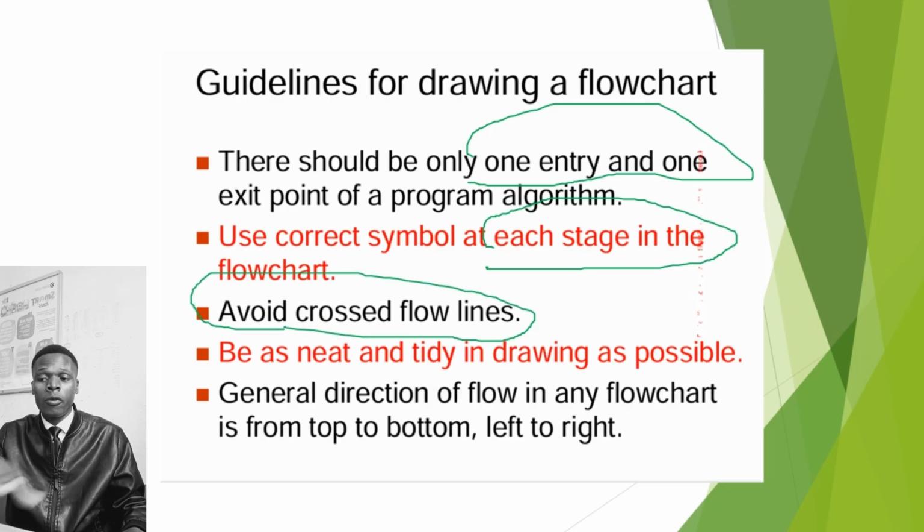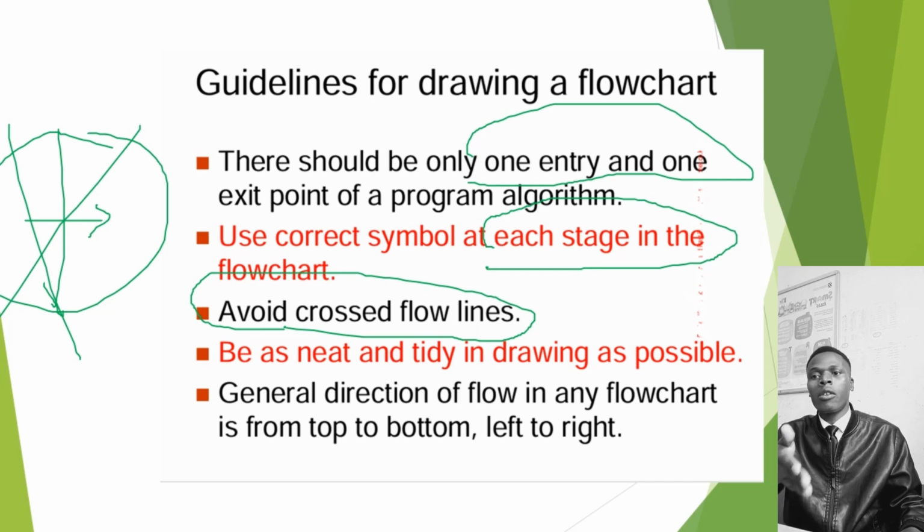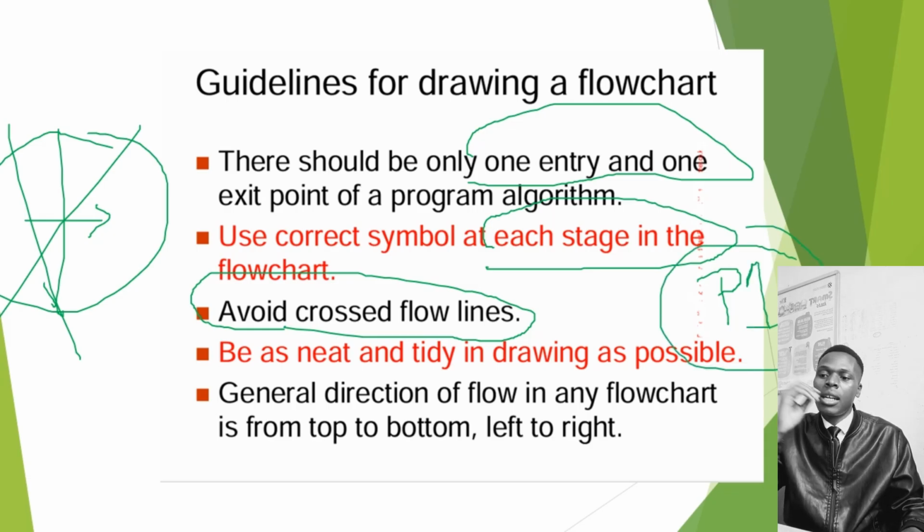Remember, this question can be asked in paper 1 theory, where you are asked to give the guidelines or characteristics of a flowchart. This is one: there is no crossing of lines. We use a connector to cross, and so on. Be as neat and tidy as possible.